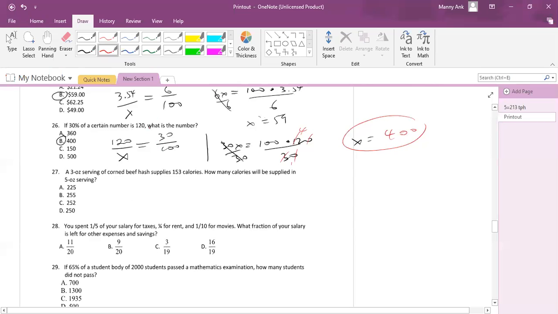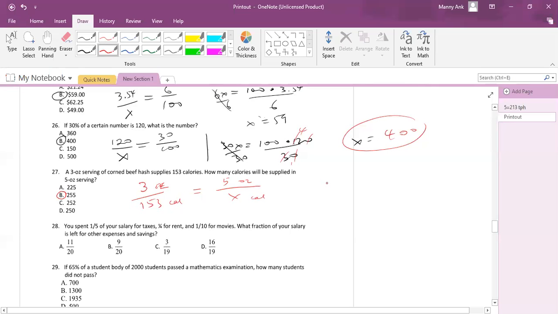27, the answer is 255. Again, you can use proportion. 3 ounces supplies 153 calories. So 3 ounces for 153 calories. Same ratio here. You have 5 ounces, so that goes here, 5 ounces. How many calories?